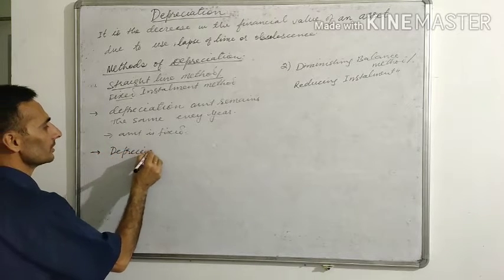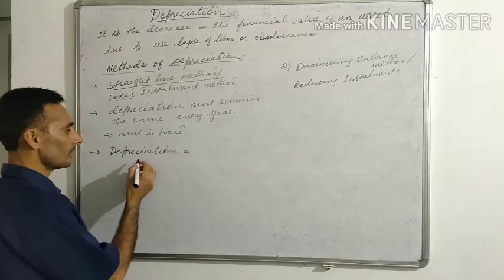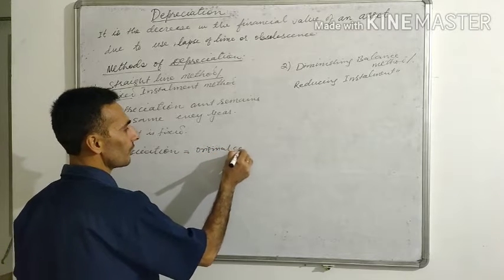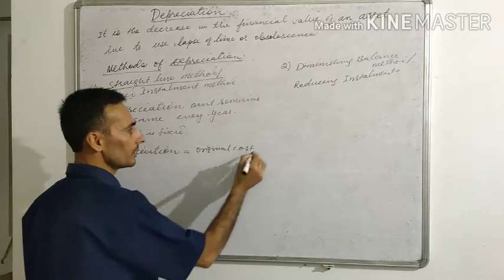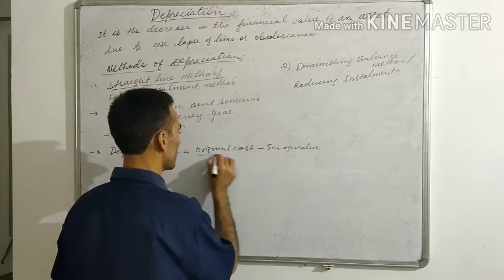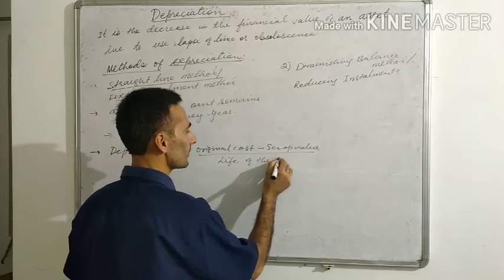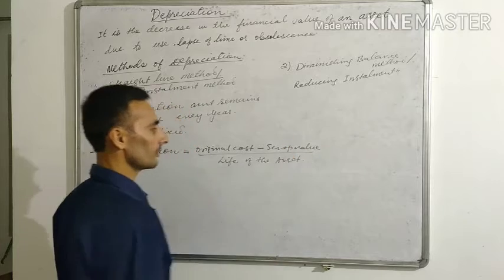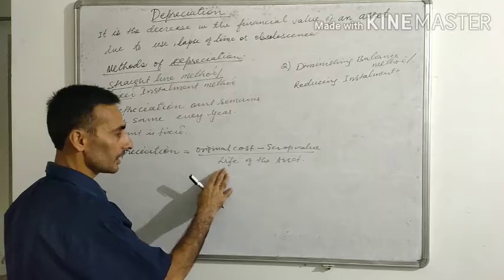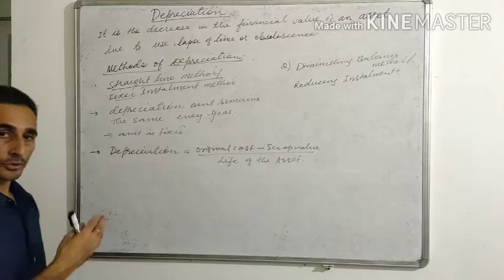Depreciation under this method will be calculated by using this formula: original cost, which I have already explained to you, minus scrap value divided by life of the asset. Now in some cases life of the asset may not be there. The fixed rate of depreciation may be used.